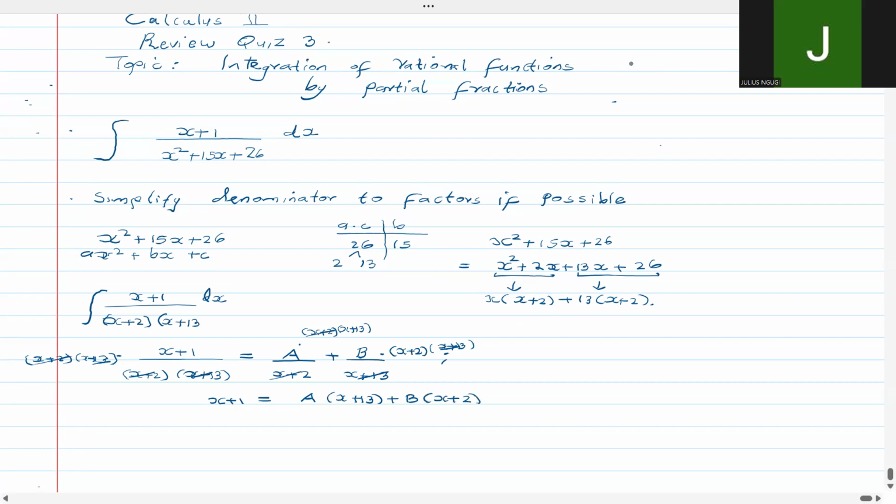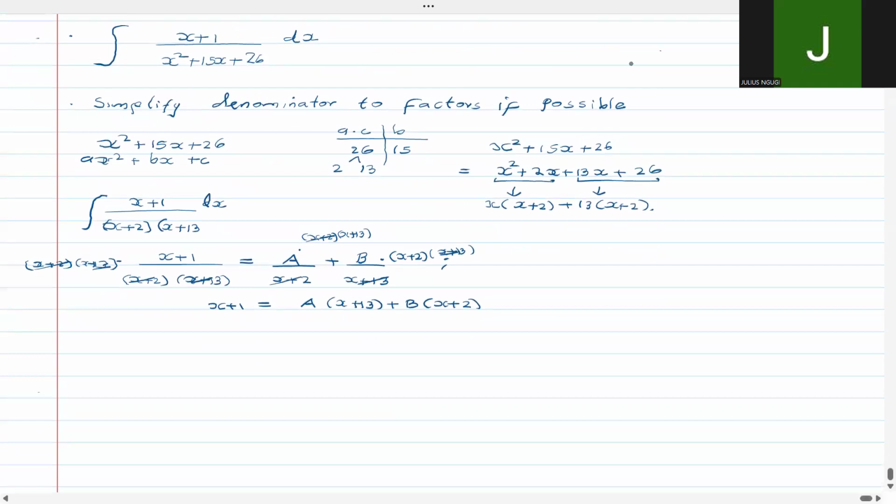Then you can decide to expand this equation and solve for A and B, or you can choose values of x that will eliminate some undetermined coefficients. If we choose x equal to minus 2, we have minus 2 plus 1 equals A times minus 2 plus 13, plus B times minus 2 plus 2.